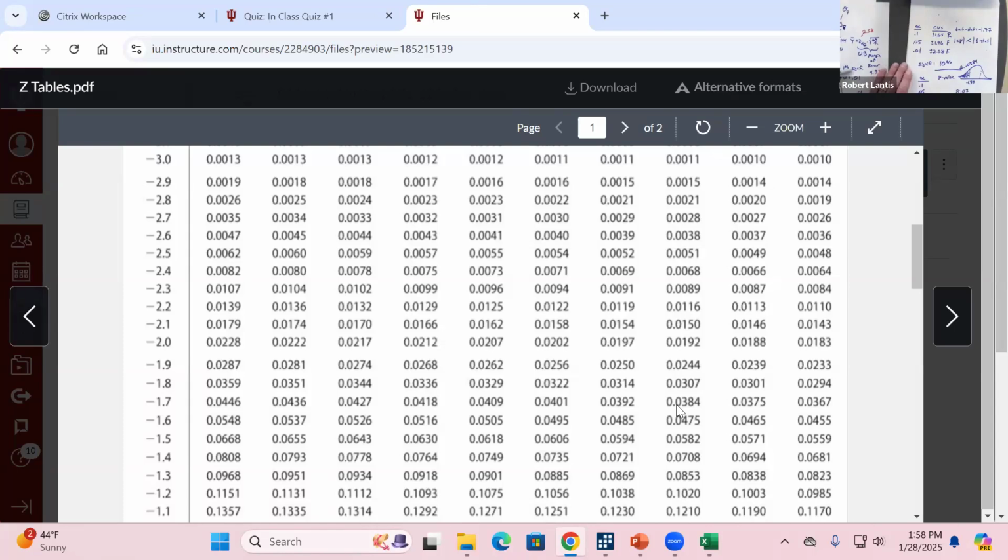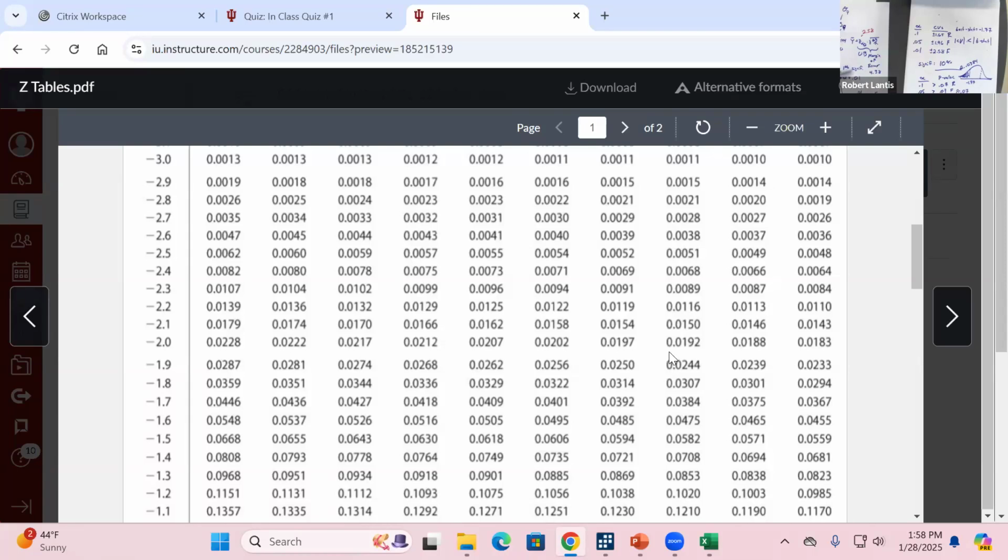There are some more decimals there, but for the sake of what we're doing, that's all we need. Why? Because we reject if that p-value is less than alpha. So will I reject at the 10% level? Yes. Would I reject at the 5 and 1? No. The same rejection decisions we would have made using the critical value approach.